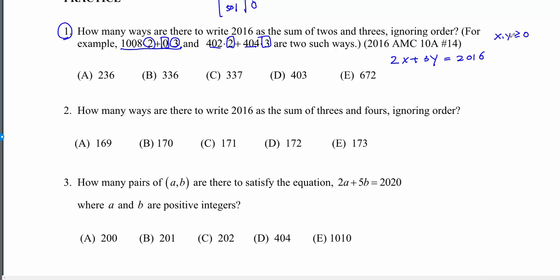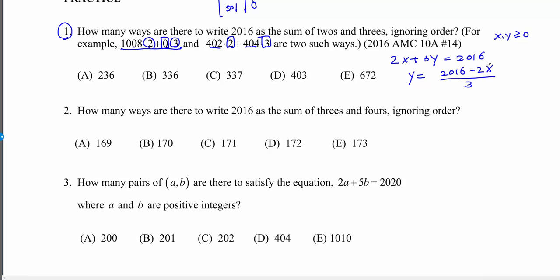If you rewrite the equation and isolate y, then y equals (2016 minus 2x) over 3.